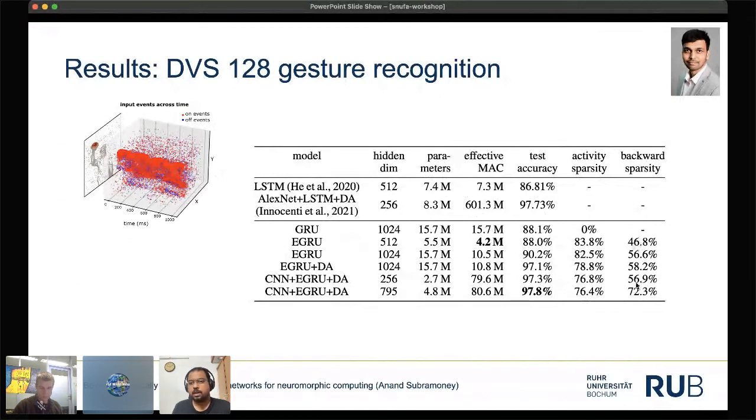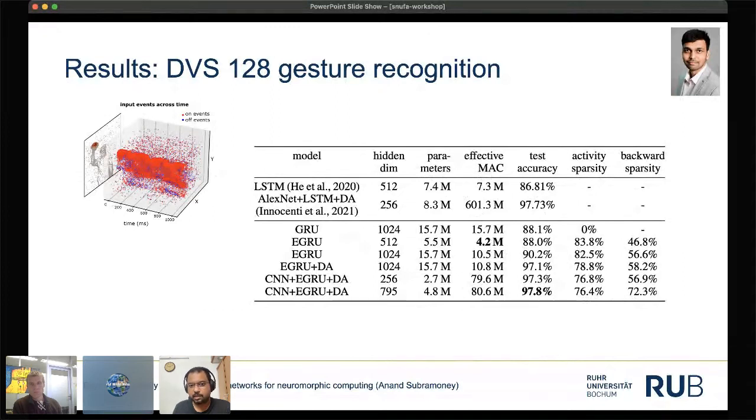But to encapsulate the forward pass sparsity in a useful number, we calculated what we called effective MAC operations, multiply and accumulate operations, because this is quite important for certain classes of neuromorphic devices.